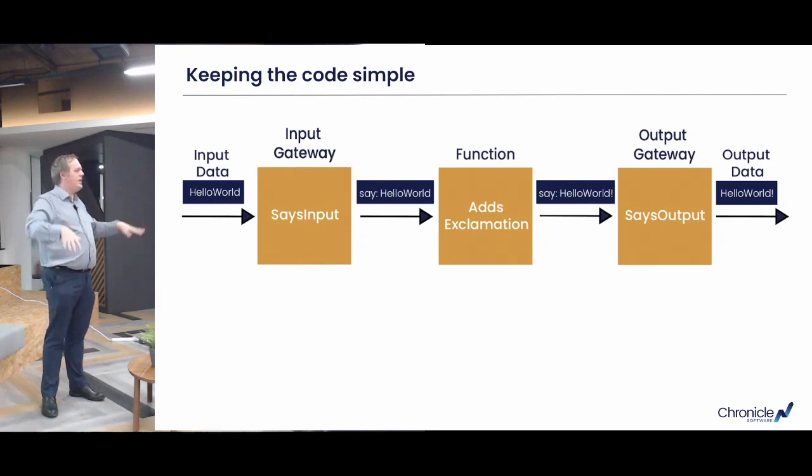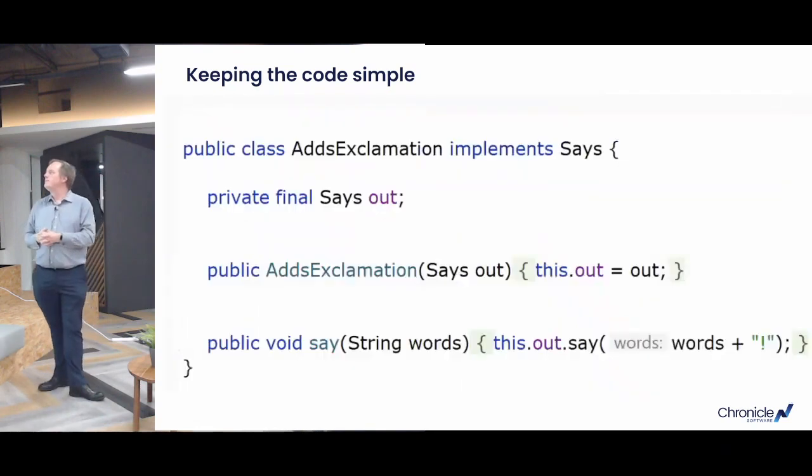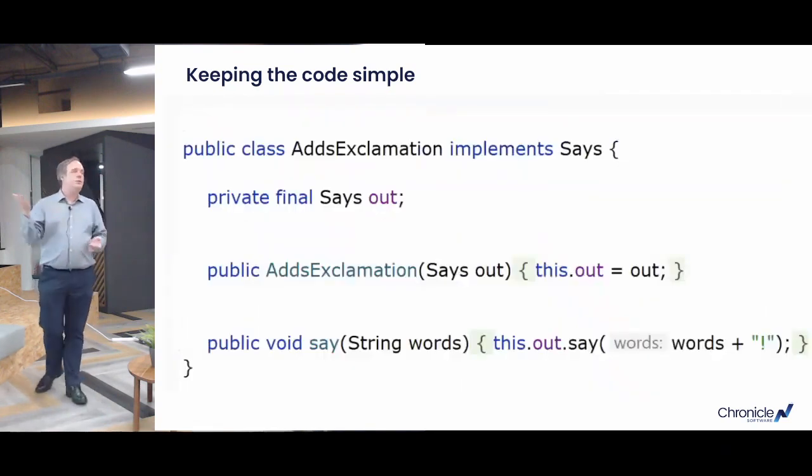How you actually do that as a transport or whatever is really a business requirement. Sometimes it is. Sometimes they will know it needs to go over FIX, or it has to go to this Kafka queue, or it has to go over here. But often, unless that's a specified requirement, you don't need to be going through all of that in your business logic. So the code to do that is really simple.